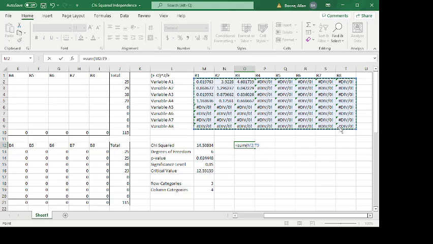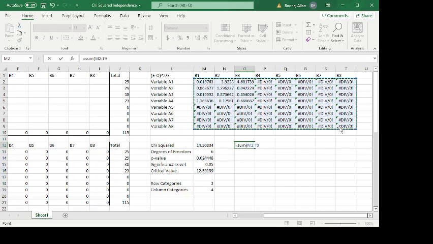However, what would be nice is if I could just select this entire table and ignore all of these divide by zeros. And that way I don't have to reselect the range every time that I create a new table that's a different size. And you might wonder, is there a way to do that? And there actually is.